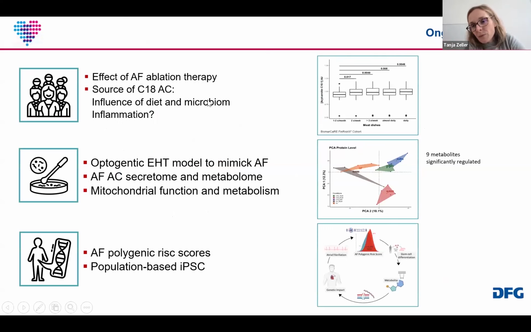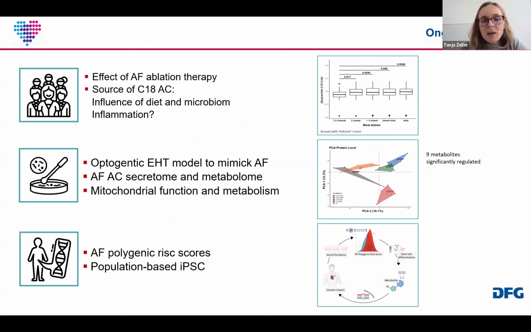And at the moment, we still work on this project. We investigate the effect of C18 on a therapy for atrial fibrillation. This is an ablation therapy, and we measure C18 before and after the therapy. And we also want to investigate where the C18 comes from.